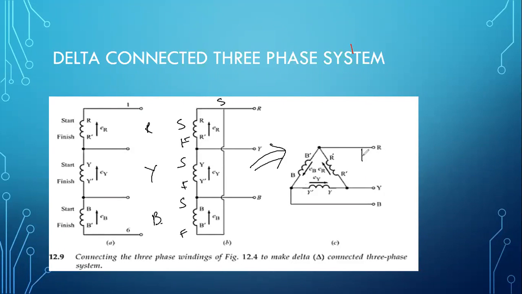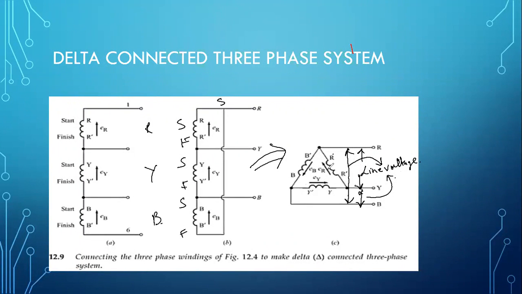The voltage between these two lines is my line voltage. This is also my line voltage, and from R to B this is also my line voltage. So these three are the line voltages.